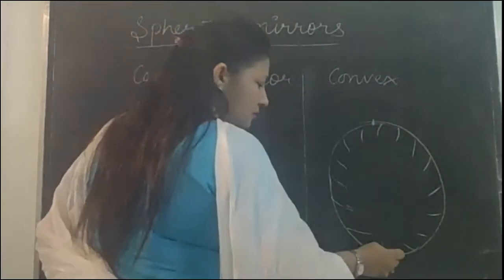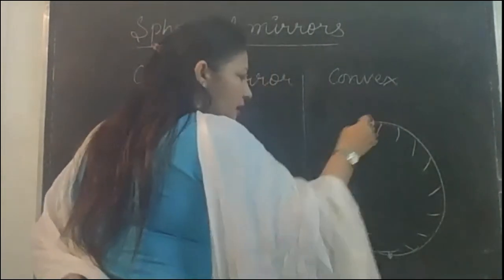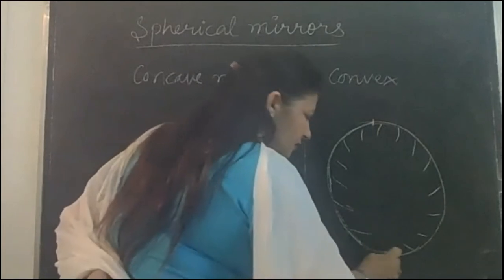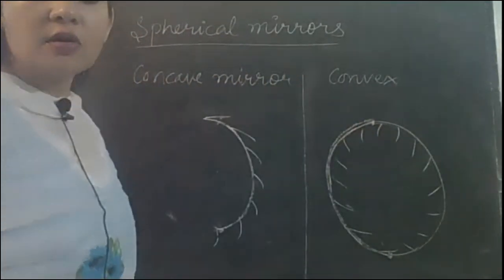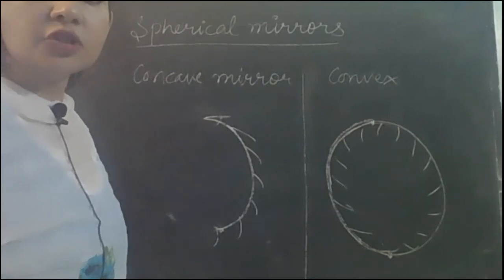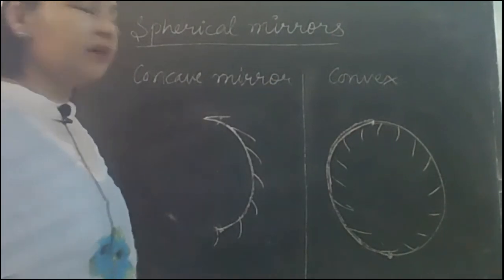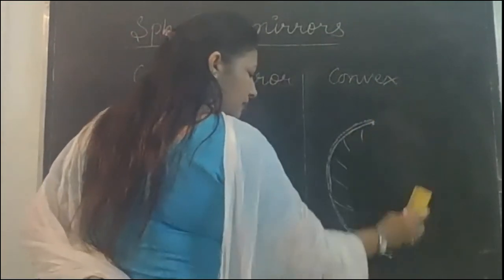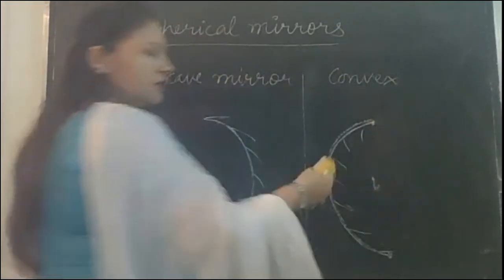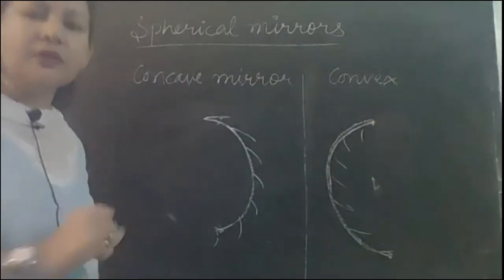When I cut a part from such a sphere, I get a convex mirror. I am rubbing the rest of the portion, and see how I get a convex mirror.